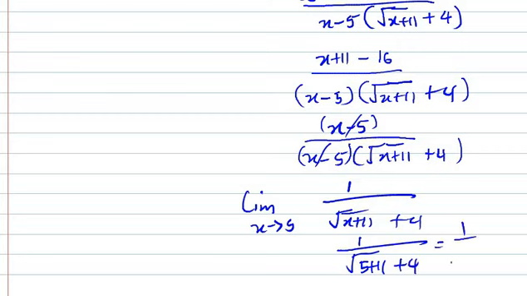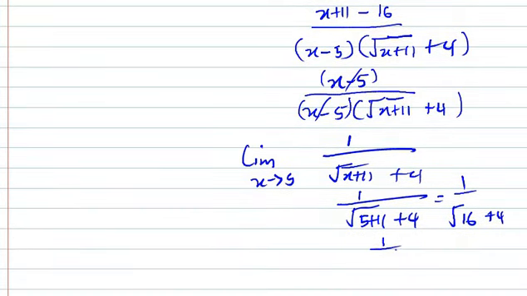Then we have 1 all over root of 16 plus 4, and root of 16 is 4, and then plus another 4, which is going to be equal to 1 over 8. So the limit of this function as x approaches 5 of root of x plus 11 minus 4 all over x minus 5 is going to be equal to 1 over 8.